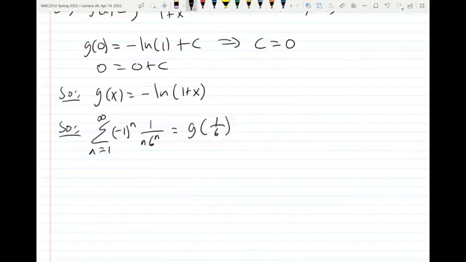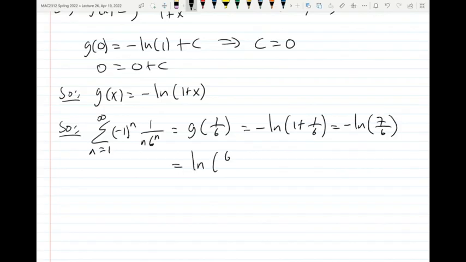But here is our g, therefore this is going to be minus ln of 1 plus 1 over 6, which is minus ln of 7 over 6. And if you don't like the negative, you can write it as ln of 6 over 7.